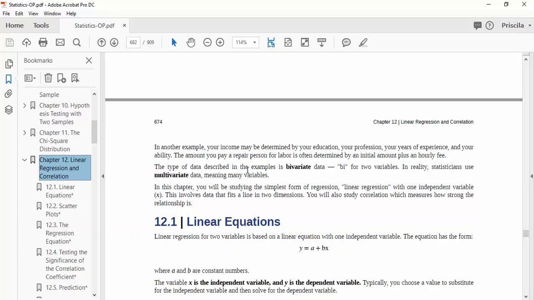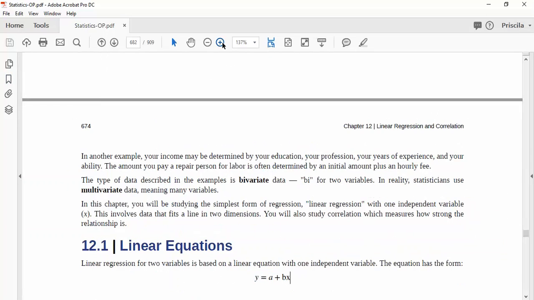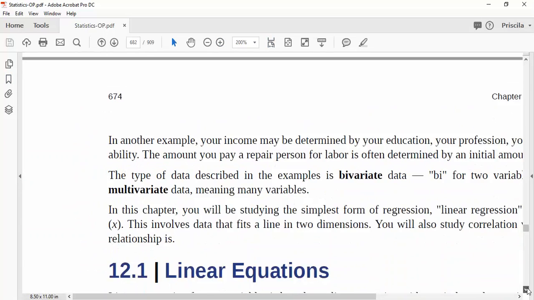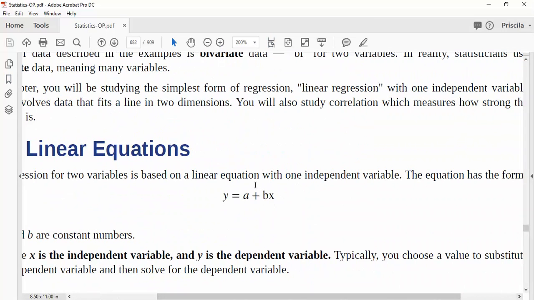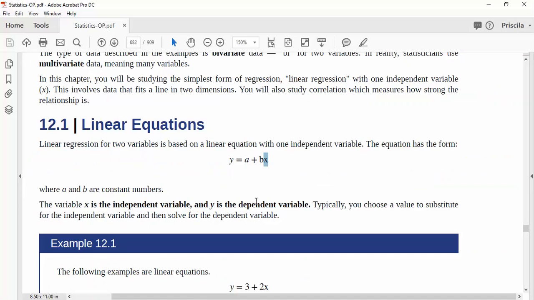The chapter starts by saying that a linear regression for two variables is based on a linear equation with one independent variable. The equation for the linear equation is represented right here in your book. I make it bigger: y equals a plus bx. x is the independent variable and y is the dependent variable.